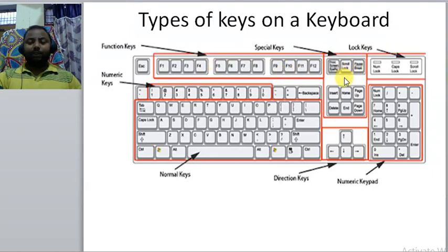Some special keys are given over here. Then alphabetic keys, A, B, C, D, E, F, G, all are alphabetic keys. 1, 2, 3, 4, 5, 6, 7, 8. These are numeric keys. Direction keys, up, down, left, right. Lock keys, caps lock, num lock. So these are the keys which are present on a keyboard.